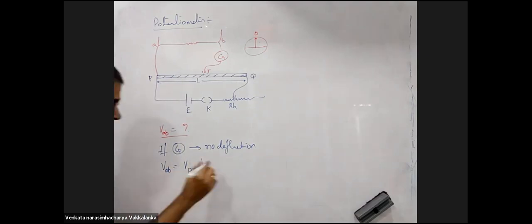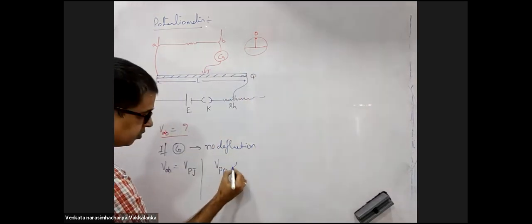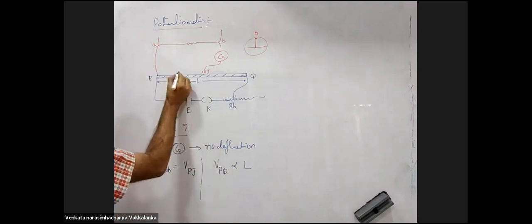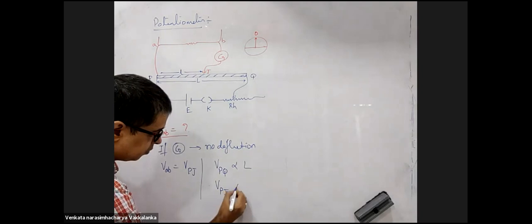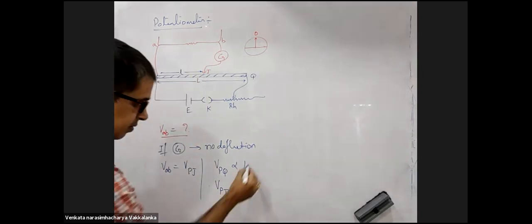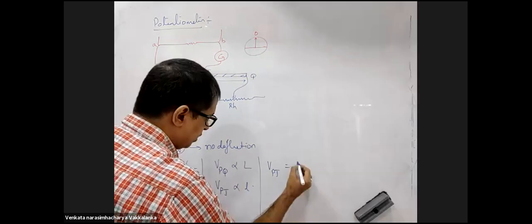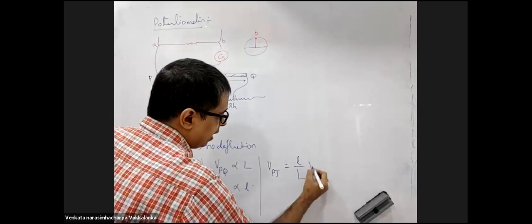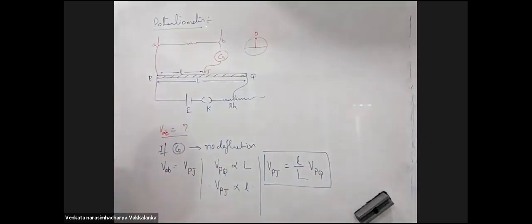If I know the potential difference across PQ is directly proportional to the total length, the potential difference across PJ will be directly proportional to this length. So when I divide, PJ potential difference is small l by capital L into the potential difference across PQ.